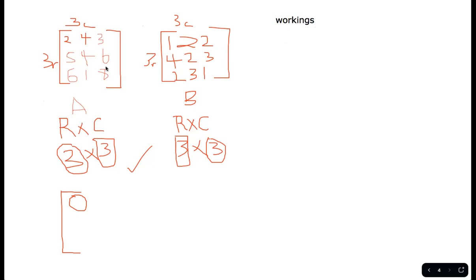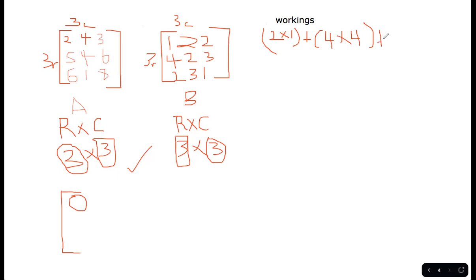So now what we are coming to do is multiply here by here. So now it will be 2 times 1, plus 4 times this 2, it is 4, sorry.